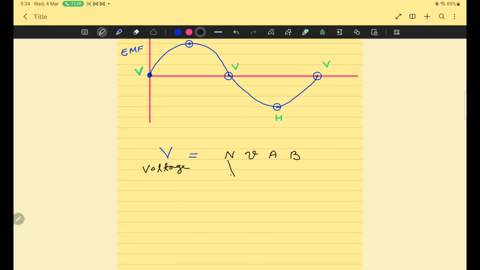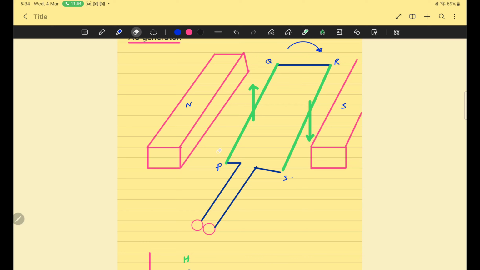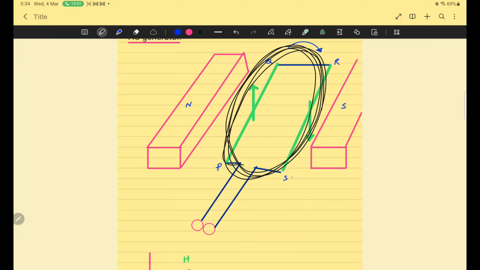Actually, this N represents the number of turns of the coil. When I draw this, it is a rectangular coil. Actually, it is not a rectangular coil. Right now, I have drawn the frame of the coil. Actually, the coil is what I am winding on the frame.